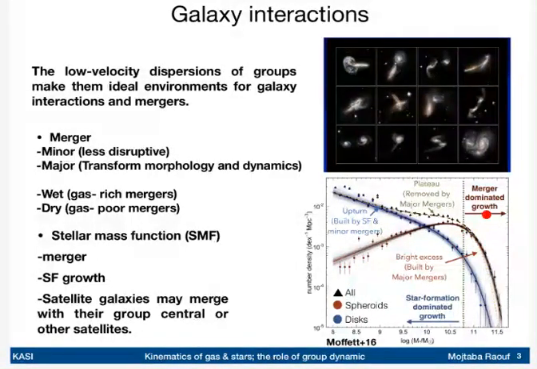It seems that in the high mass galaxies, mergers draw the galaxies to the most massive galaxies in the universe, and instead we have lower statistics in the low mass galaxies, which means that this type of satellite galaxies may merge into their group central or other satellites.